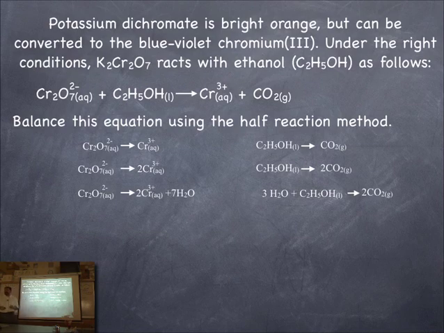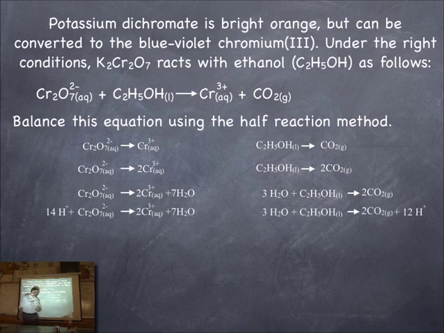Next step is to balance hydrogens using hydrogen ions, H plus ions. So we go through and we count, I got 7 times 2, so I need 14 hydrogens. Now over here we got to count. 3 times 2 is 6, plus 6 more is 12, and I got none over here. So I'm going to put 12 hydrogens.